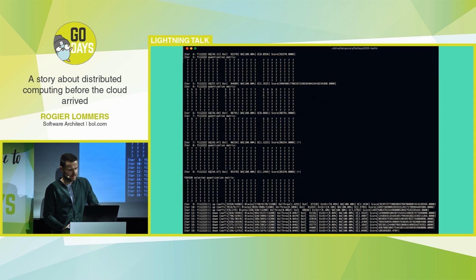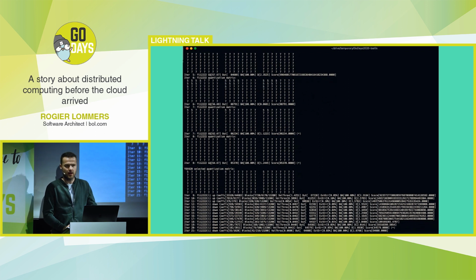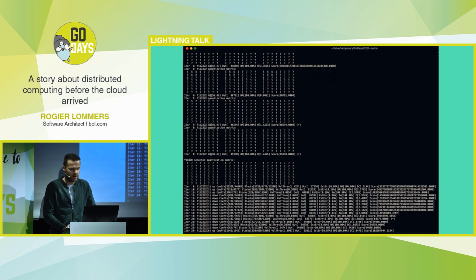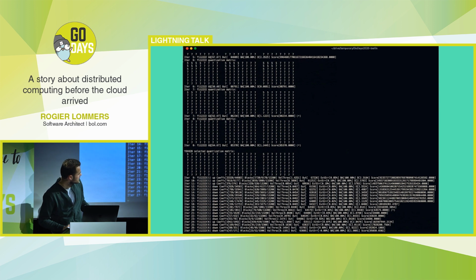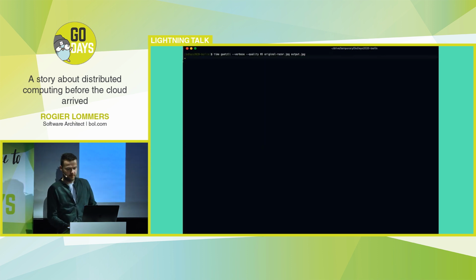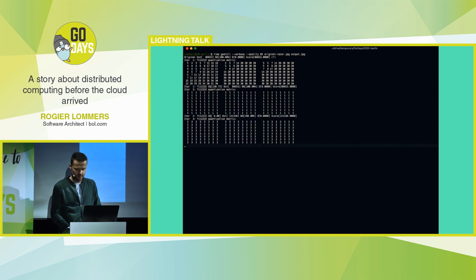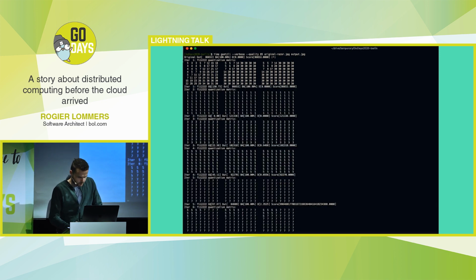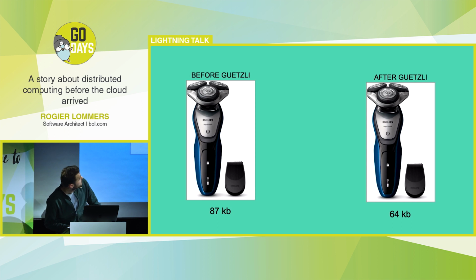As you can see, it takes quite a long time to apply the algorithm on this one file. This is a screencast, so it's in an endless loop, but the whole process took about 25 seconds. But the results are great. The file is indeed reduced a lot. The original was 87, and after applying Guetzli, it's 64. This is quite a big reduction, and I don't see any differences in quality.